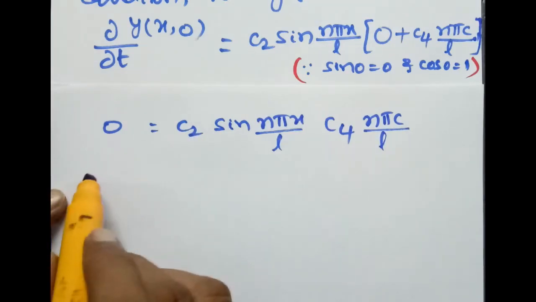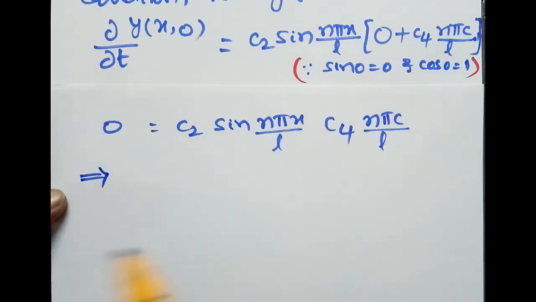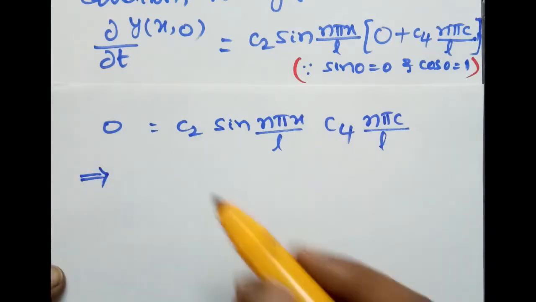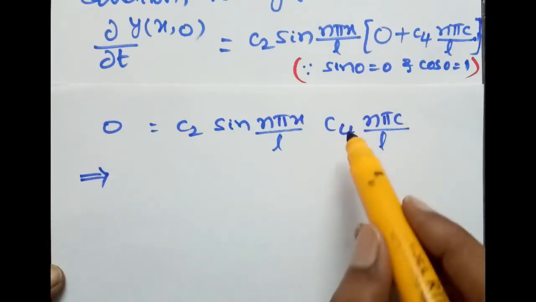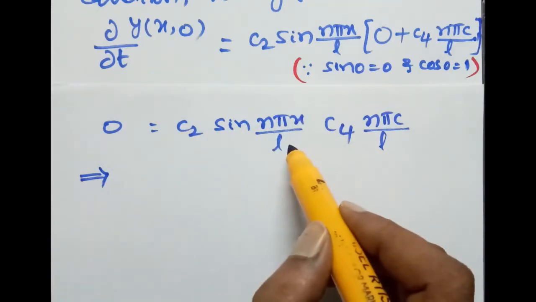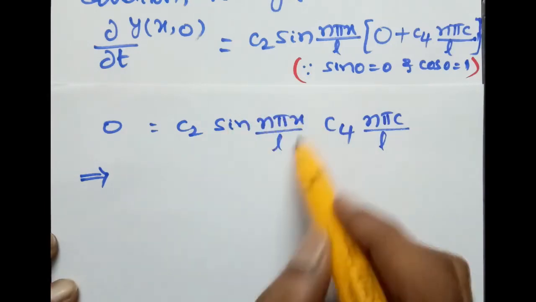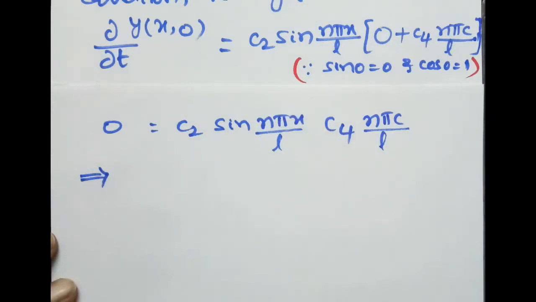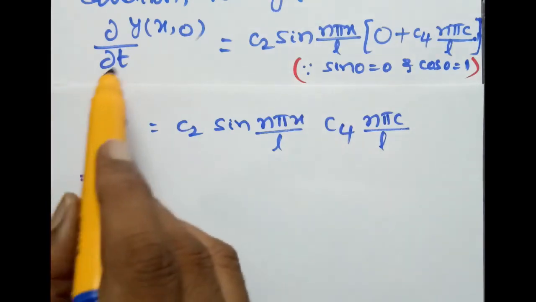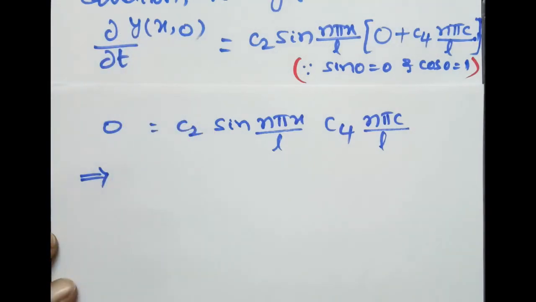But c2 is not equal to 0, as already explained. Sin n pi x by L is not equal to 0 because it is defined for all values of x. Dou by dou t of y of x comma 0 is defined for all values of x. What will happen if it becomes 0?